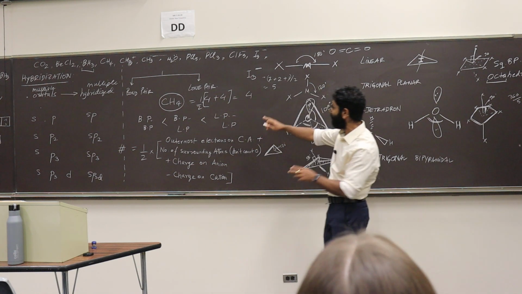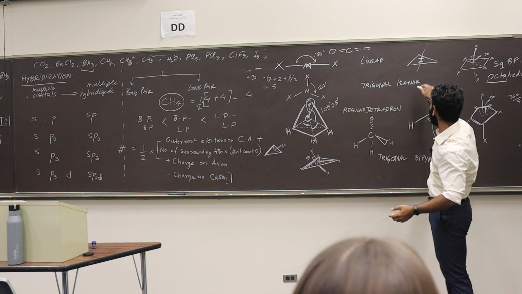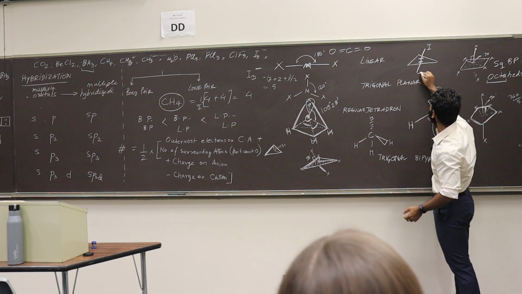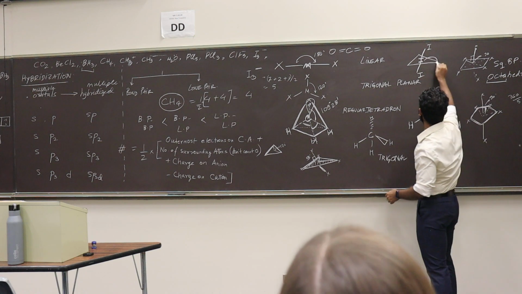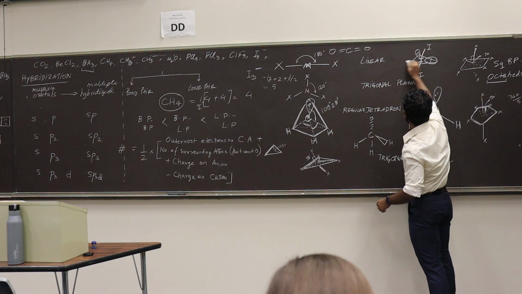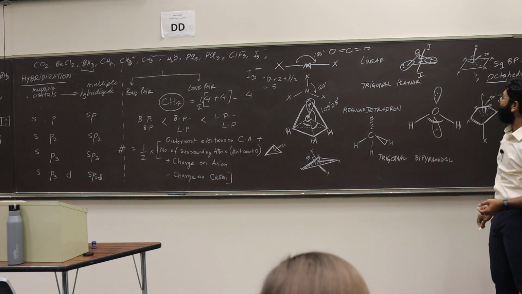So you put the bond pairs of I3 minus in the unstable positions, which are these, and put the lone pairs in these. So what's the shape of I3 minus?